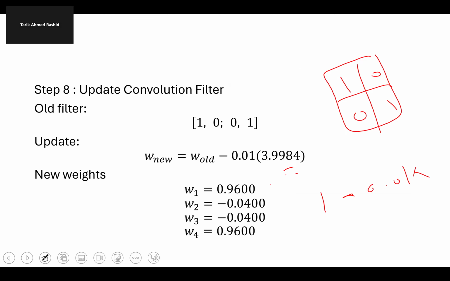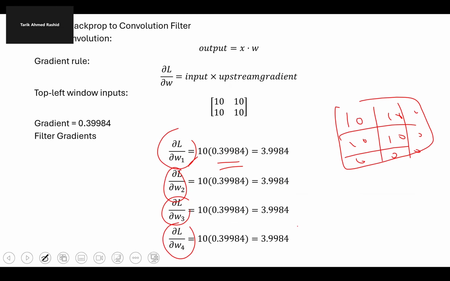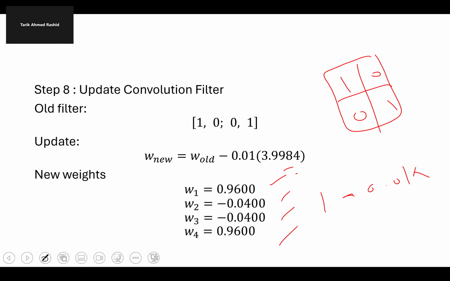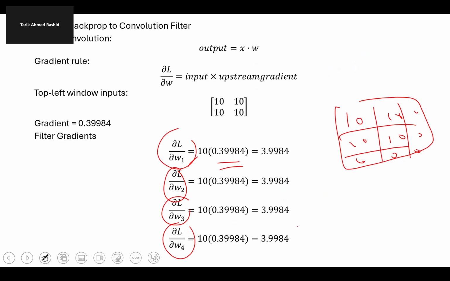And you will find W1, W2, W3, W4. Okay, that is how it works.